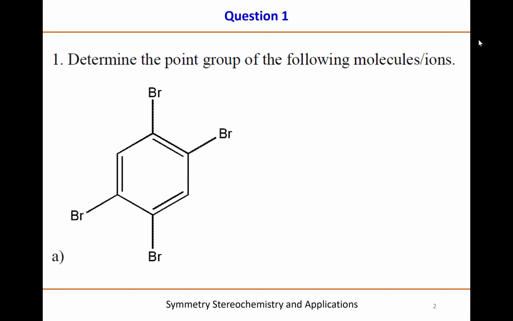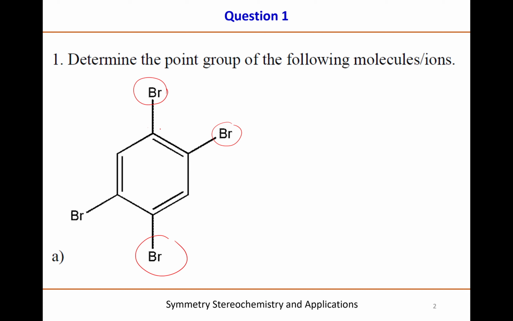Determine the point group of the following molecule. Can you name this molecule? Yeah, I have taught you IUPAC nomenclature, right? So there are halo groups attached here, 4 different halo groups. Here we will start giving the numbering.